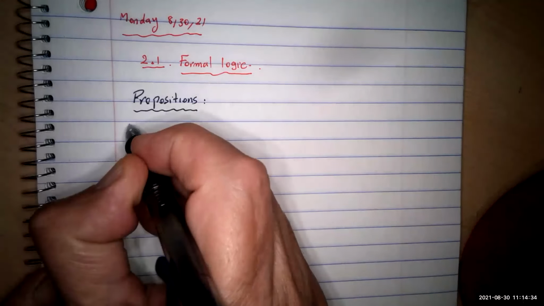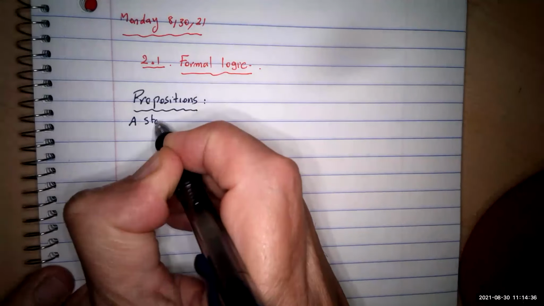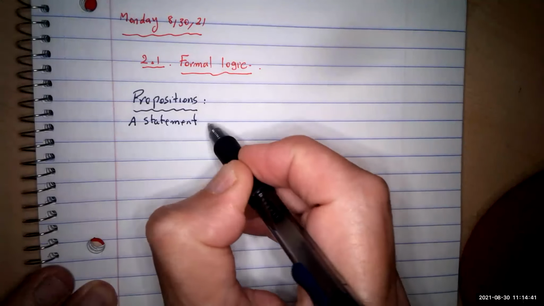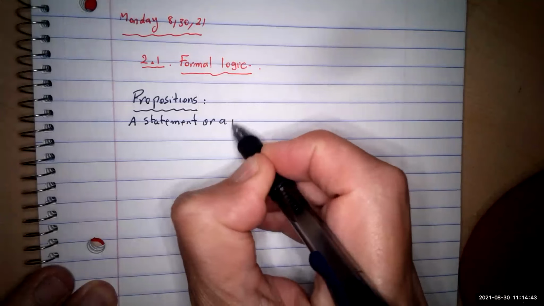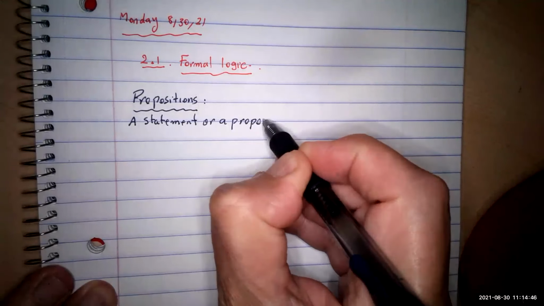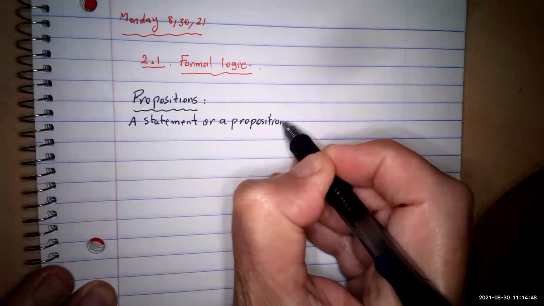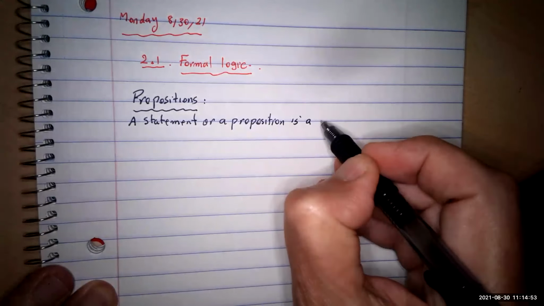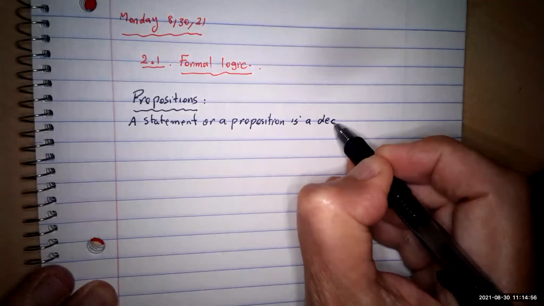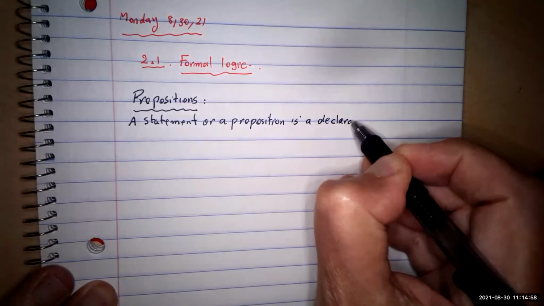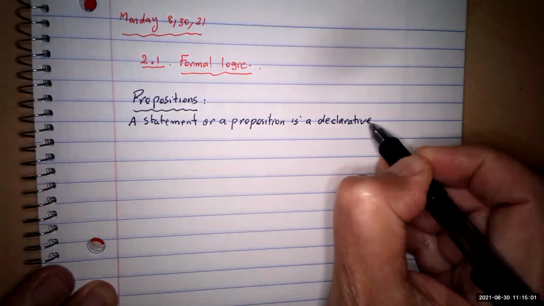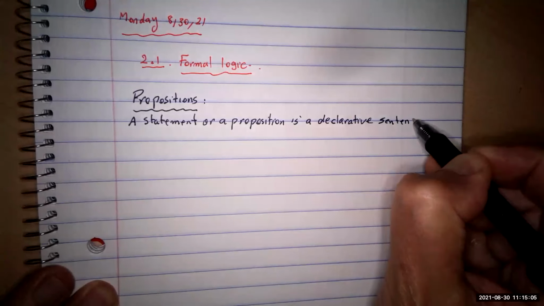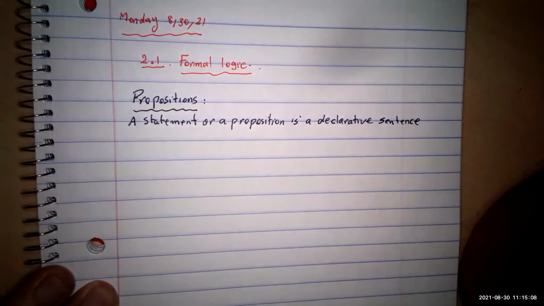So the definition of a proposition: a statement, or a proposition, is going to be a declarative sentence containing news. It declares something for us.